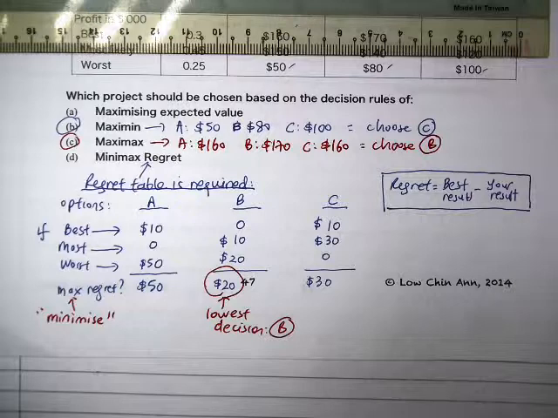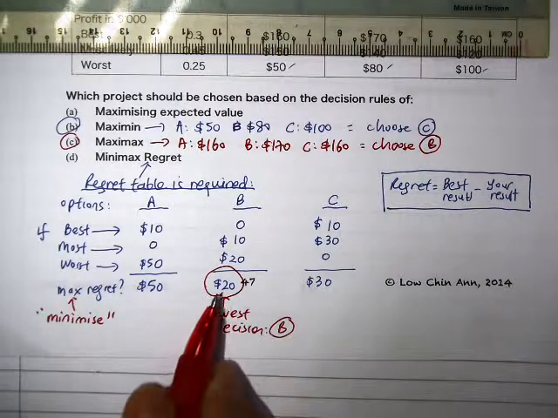Imagine if I invested in C, I'd regret even more. Luckily my regret is not so much. But if it comes out to the worst, again yours is not the best situation. But you still say luckily I didn't invest in A. If I invested in A, I'd regret even more. But at least I minimize my regret. So the most regret I will have is only 20.